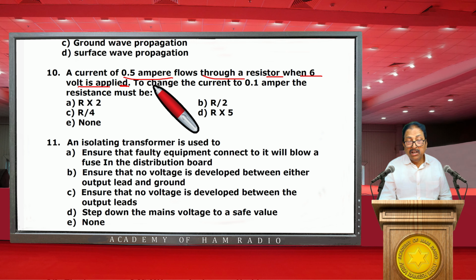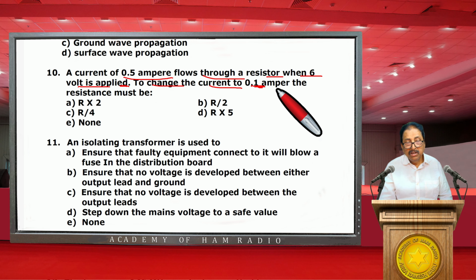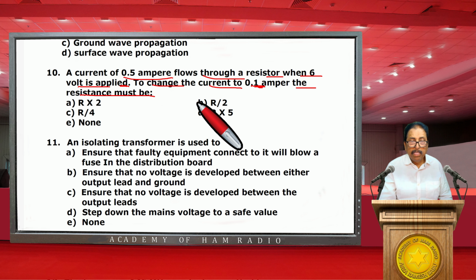To change the current to 0.1 ampere, the current has to decrease, so the resistance must be more. We have to reduce 0.5 to 0.1 ampere, 5 times, so you have to increase the resistance 5 times. That is R into 5. This is the correct option.